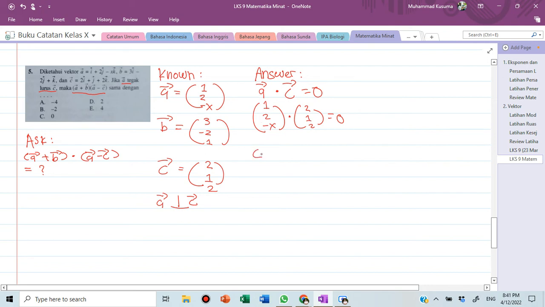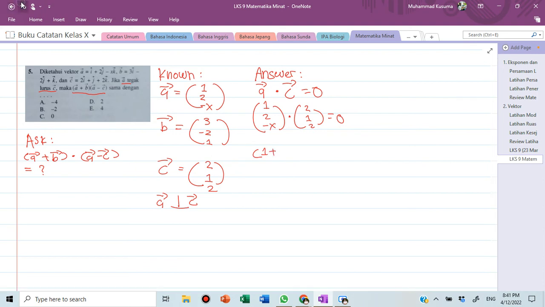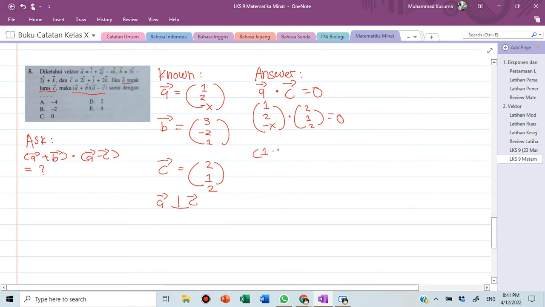So it will be 1 times 2, plus 2 times 1, plus minus x times 2, equal to 0. That is 2 plus 2 minus 2x equal to 0.